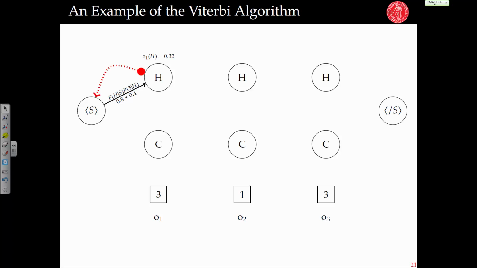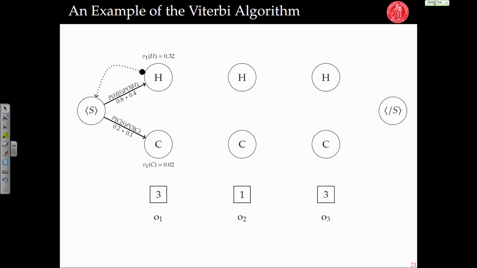And this is the back pointer we want to keep, so we know where we come from when we look at this value. So how did we get this value? Here it's trivial, there is only one way, so it could only come from S. But still, these red dotted lines are going to be our back pointers. We do the same for the state C, again at time point 1.